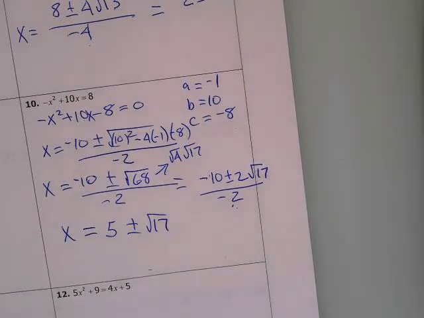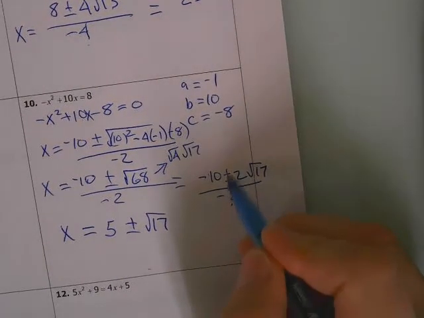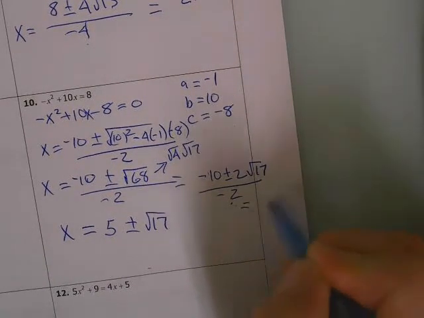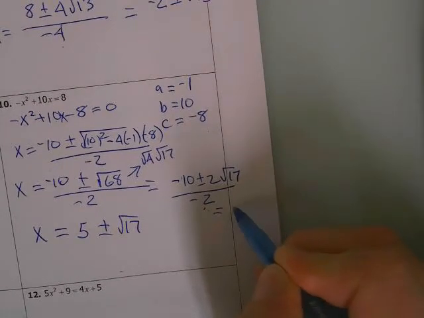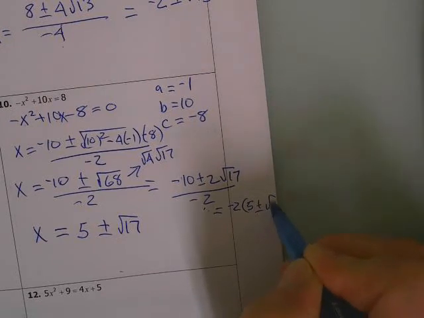Yes, sir. You can certainly do that. Here, I could have written this as negative 2 times 5 plus or minus radical 17.